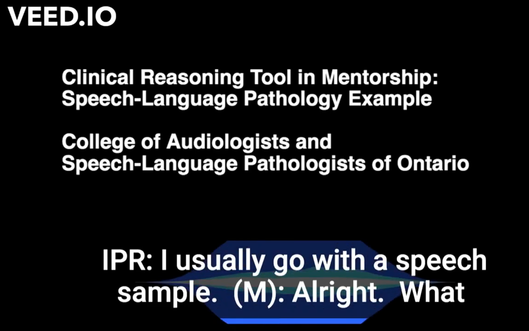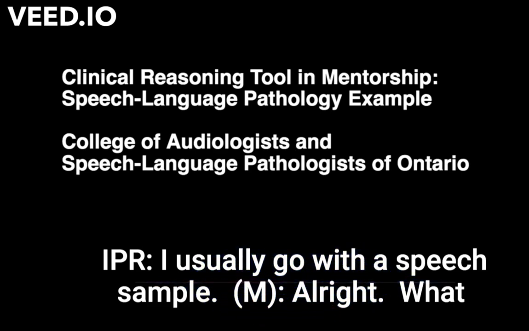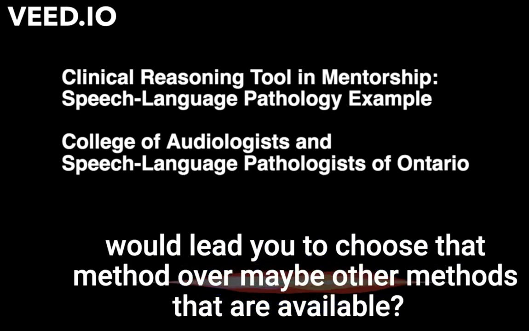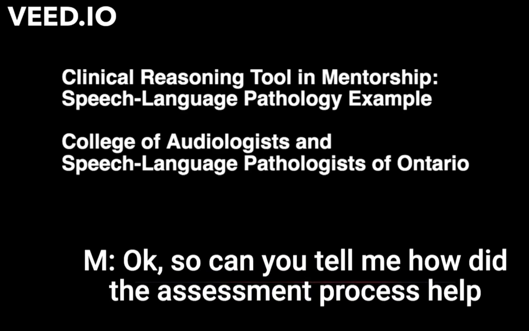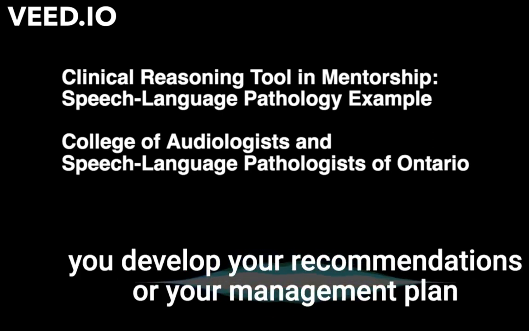I usually go with a speech sample. All right. And what would lead you to choose that method over maybe other methods that are available? It's an undiluted snapshot of the child's speech. Okay, so can you tell me, how did the assessment process help you develop your recommendations or your management plan with this child?